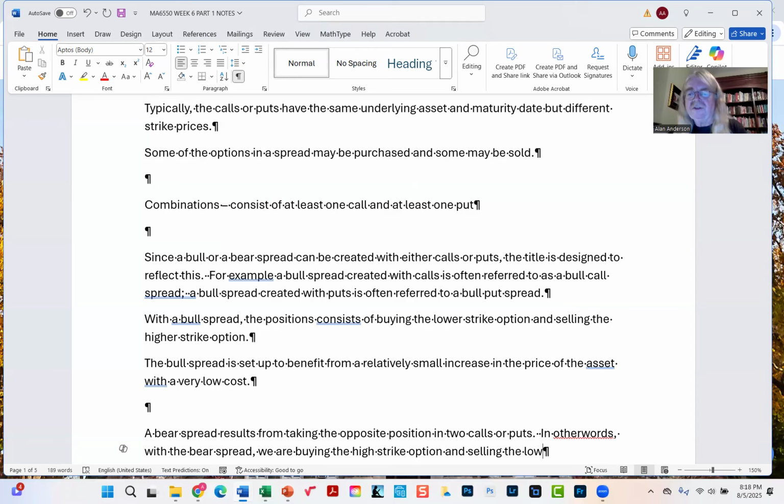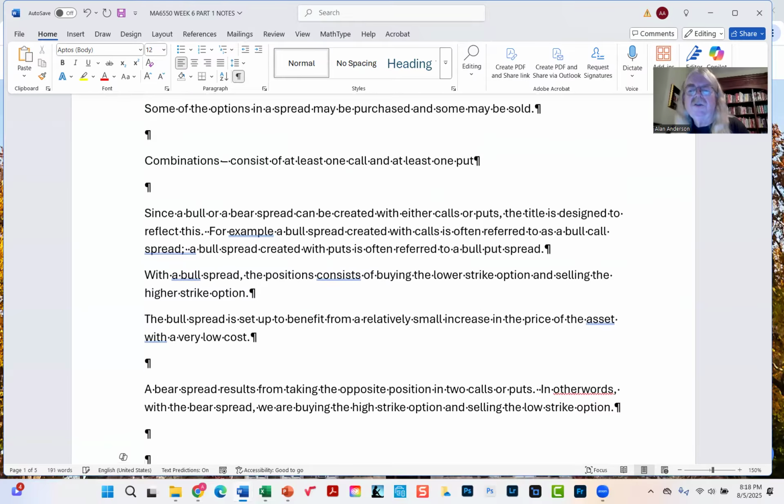And that's how we're reversing it. So we're actually expressing our view that the opposite will happen, meaning that we think the price will go down, not up. So we did exactly the opposite. We bought the high strike option and sold the low strike option.